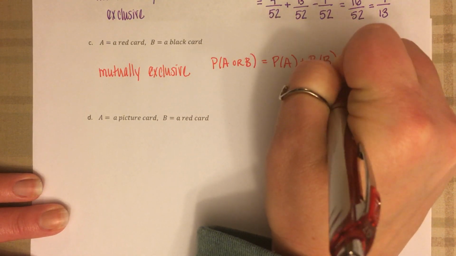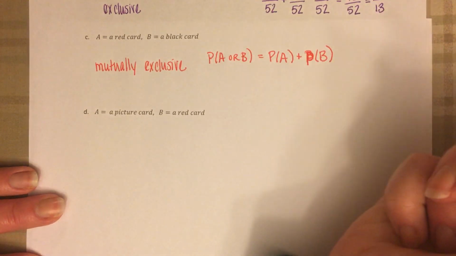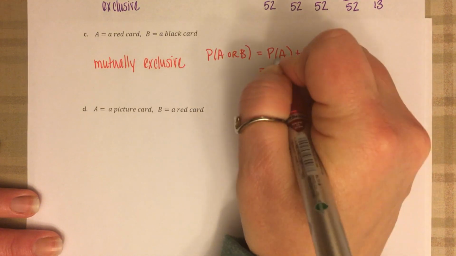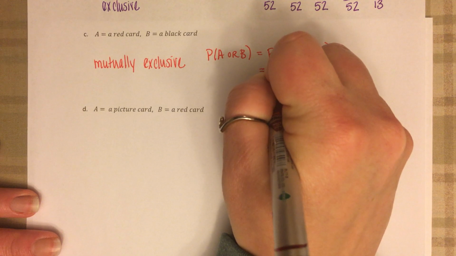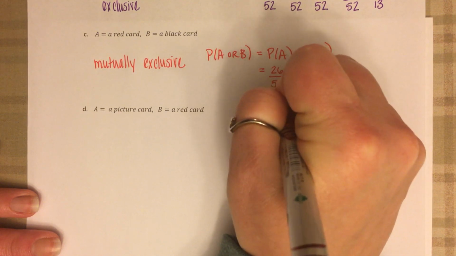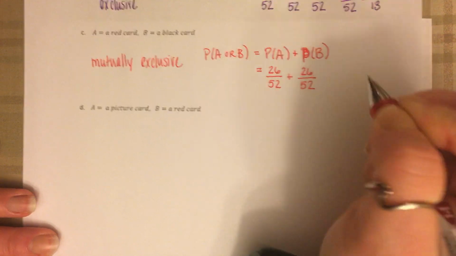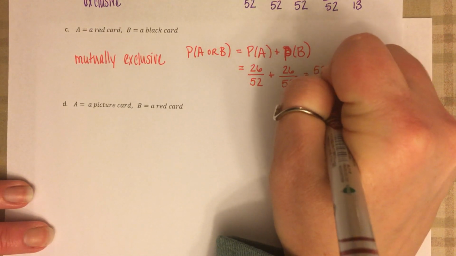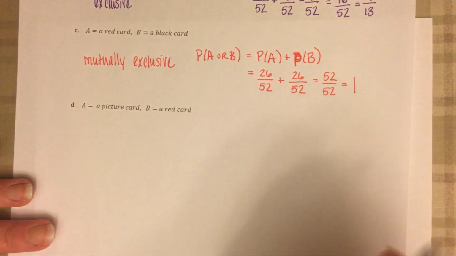No subtraction required because these are mutually exclusive events. For A, we have 26 red cards out of 52. For B, we have 26 out of 52 black cards. That gives us 52 out of 52, which gives us 1.